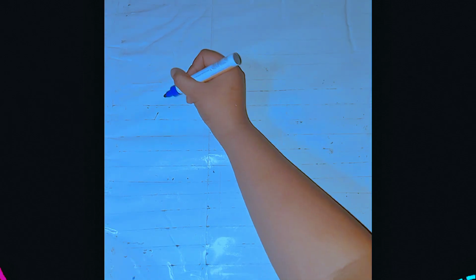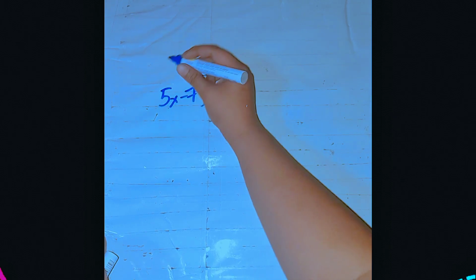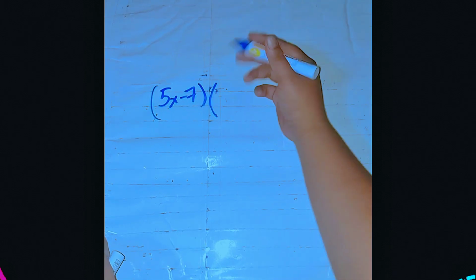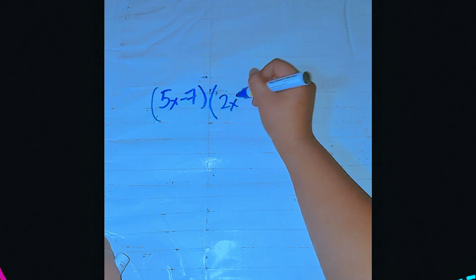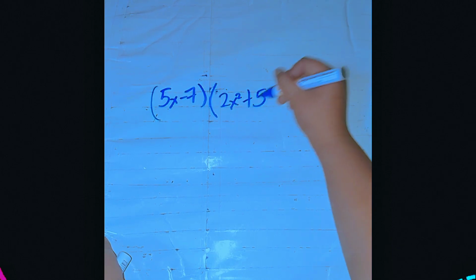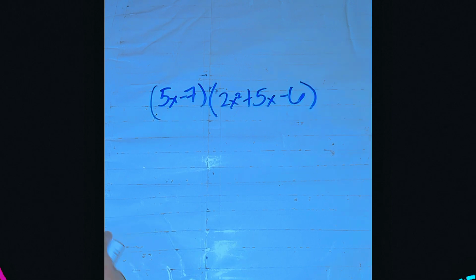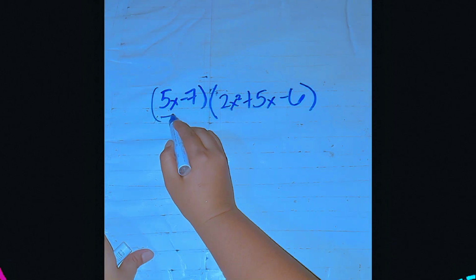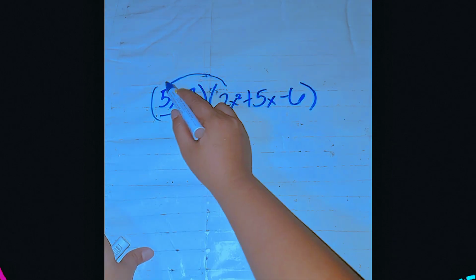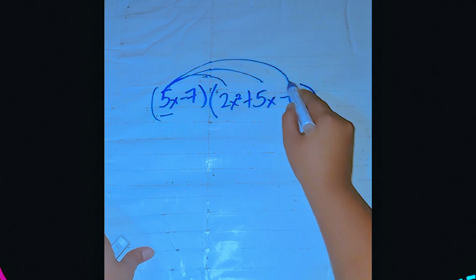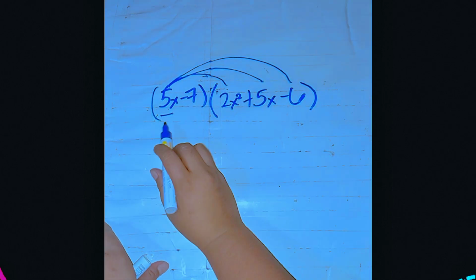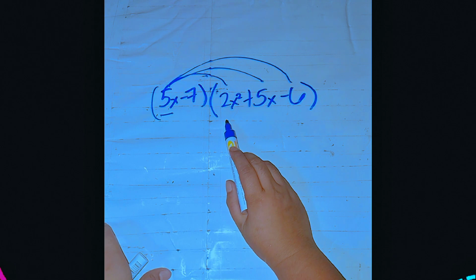What if you were given these expressions? 5x minus 7 multiplied to 2x squared plus 5x minus 6. What we'll have to do here is, this first term will be multiplied to each of these terms in the second expression. Let's get 5x times 2x squared.